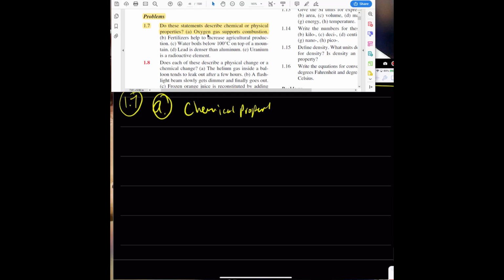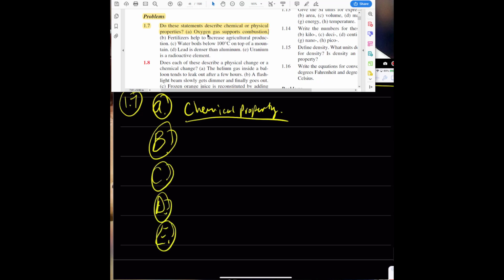Why? Why is it a chemical property? Oxygen gas is consumed in a combustion reaction, so its composition and identity are changed. The oxygen is being consumed, and combusted. Right?